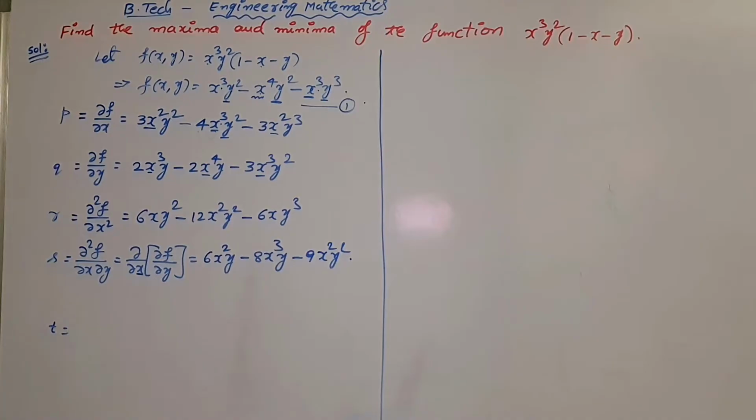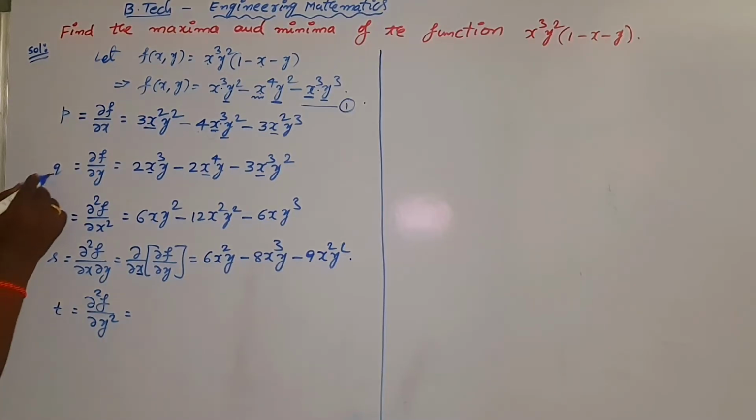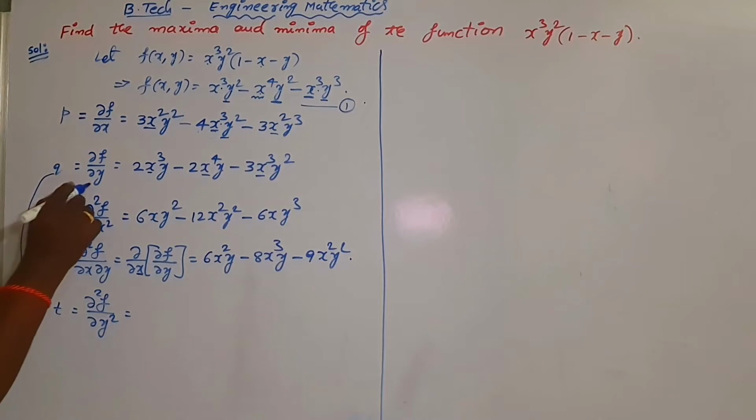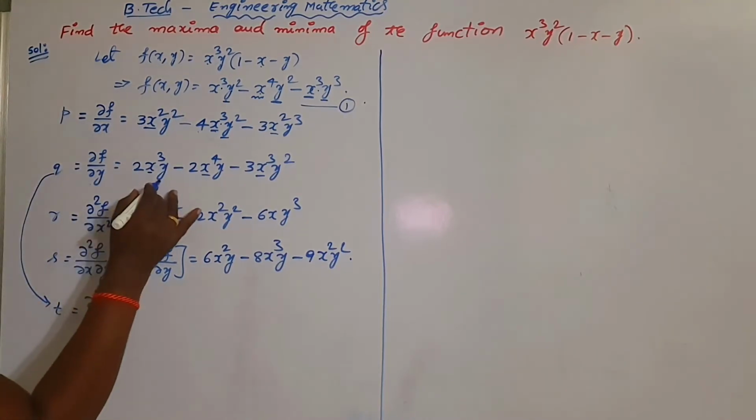Now finally it is t. ∂²f/∂y², the second order partial derivative of f with respect to y. Already the first order partial derivative is here. For this term we have to take one more derivative with respect to y. In this case only y is the variable, so just take the derivatives of y with respect to y.